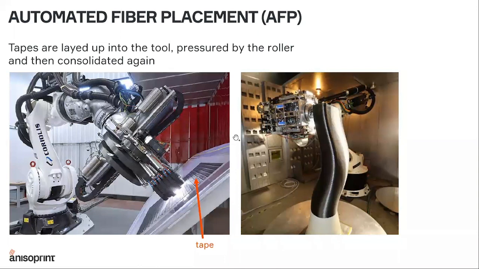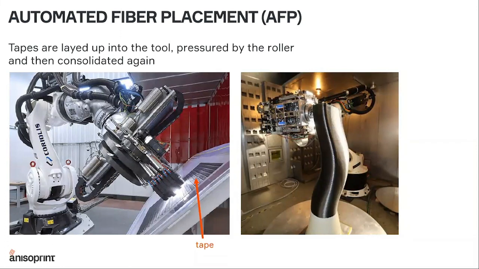There are well-known composite manufacturing approaches that have existed for tens of years, such as automated fiber placement or automated tape laying, which use a similar approach. So they also use prepregs.